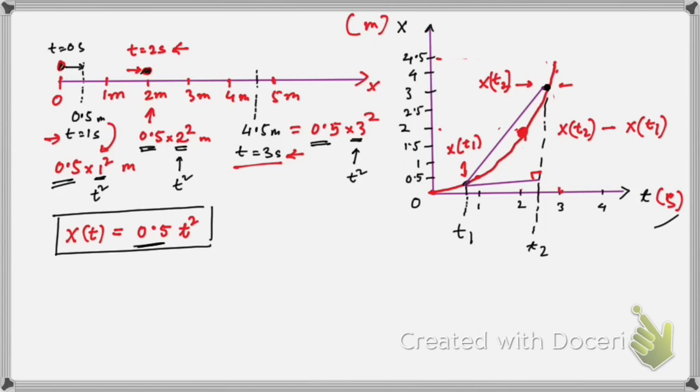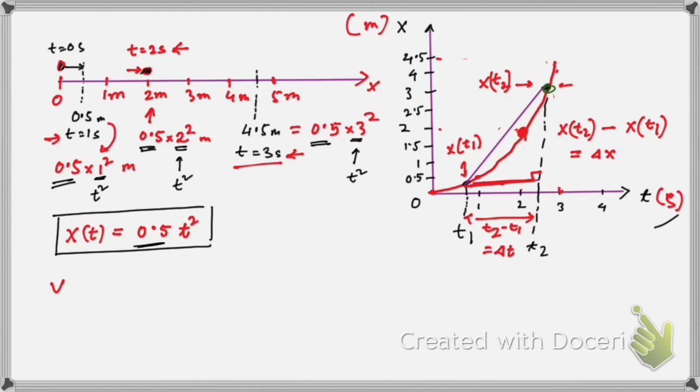This is given by x of t2 minus x of t1. Let me consider this one as del x, and this is t2 minus t1. Let me write del t here, and this is del x.